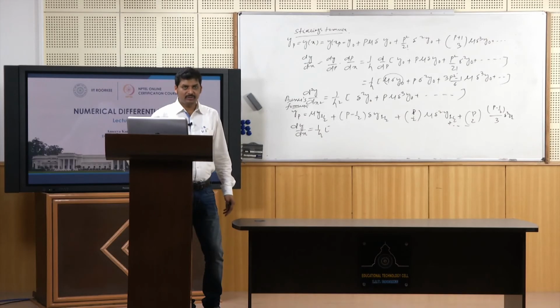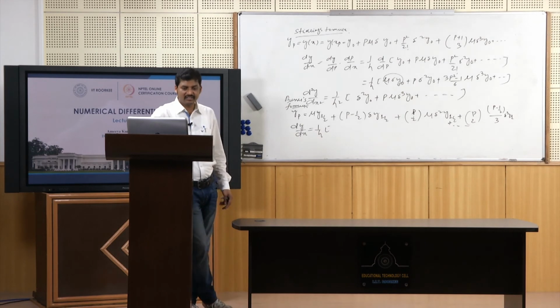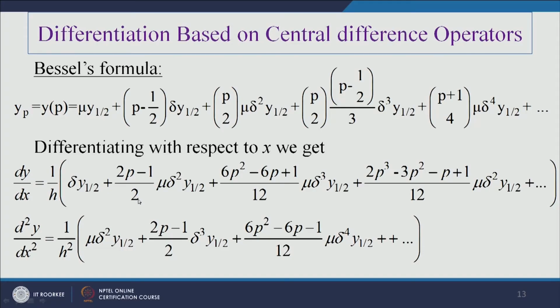Similarly, if we take the second differentiation, it can be written as 1 by h square mu delta square y of half. Since the first term is constant, taking the differentiation of the second term gives mu delta square of y of half, plus 6p square means 12p minus 6 here. So that is why 2p minus 1 by 2 delta cube of y of half plus all other terms we can write.